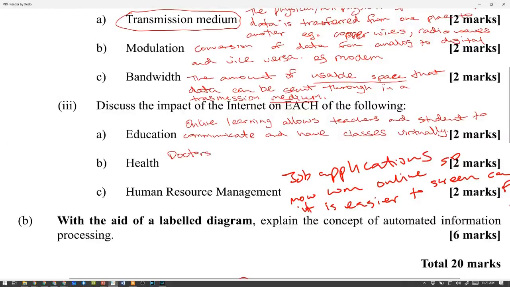Health, doctors can diagnose patients. Yeah, doctors can diagnose patients long distance. Long distance is a good word.